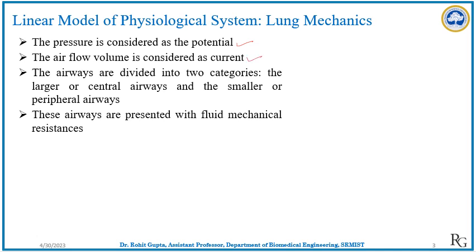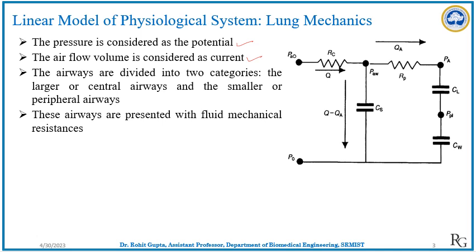The airways in the human body are divided into two categories. One is the larger or the central airways, and the second is the smaller or the peripheral airways. These airways are presented with fluid mechanical resistances.